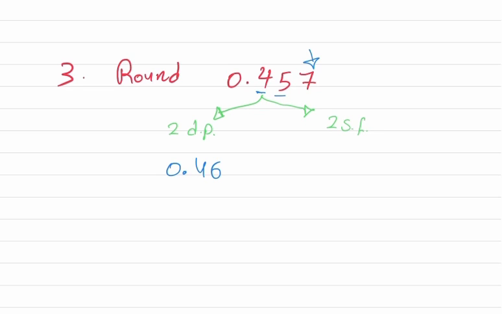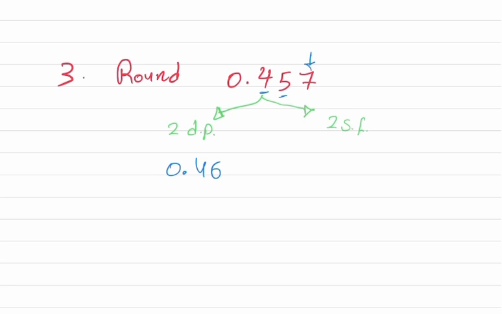Round to 2 significant figures, I have to count from the beginning of the number, searching for non-zero digits. And in this case, it would be 4. 4 is going to be my first significant figure. 5 is going to be my second significant figure.